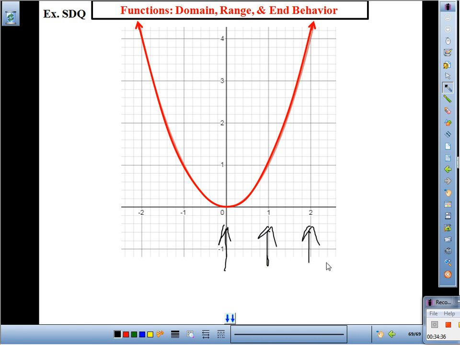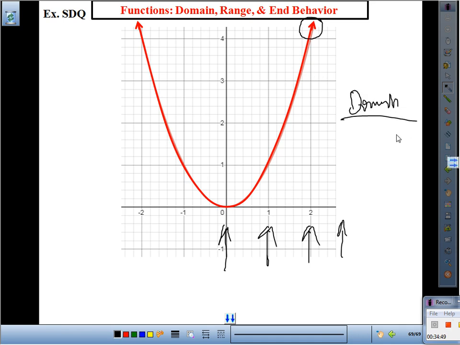Is 2 included? Is 3 included? Yes. Why? Because this one indicates that it's what? So the domain to the right side is to positive infinity. So what can we conclude on the other side? Negative infinity. So it's x less than, and less than.